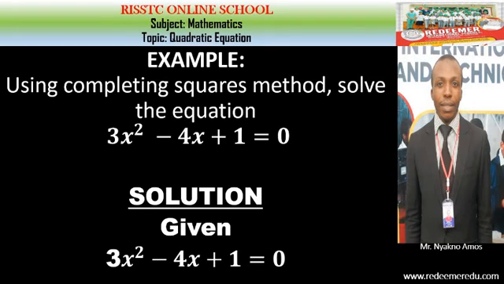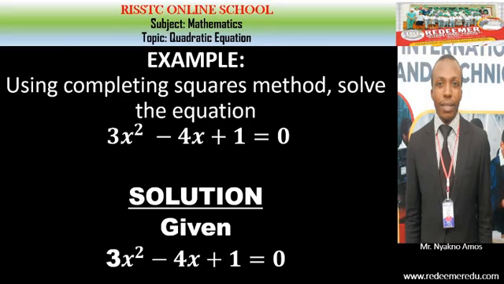Let's solve an example. Example number 1. Using completing square method, solve the equation 3x squared minus 4x plus 1 is equal to 0. Solution. The problem given to us is 3x squared minus 4x plus 1 is equal to 0.